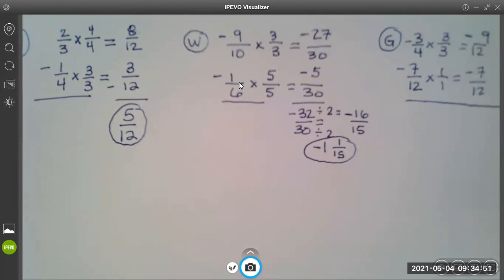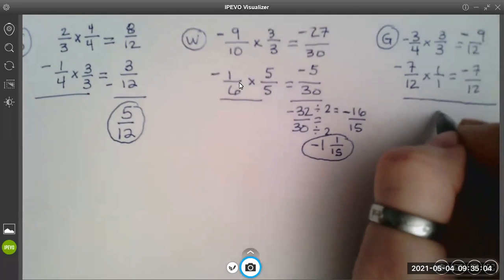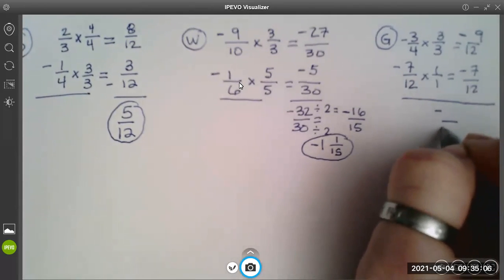So what are we going to do about these? Add them together. So what would we get? 9 plus 7, negative what over 12?